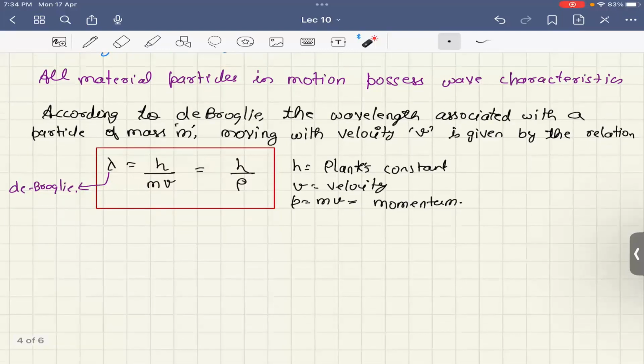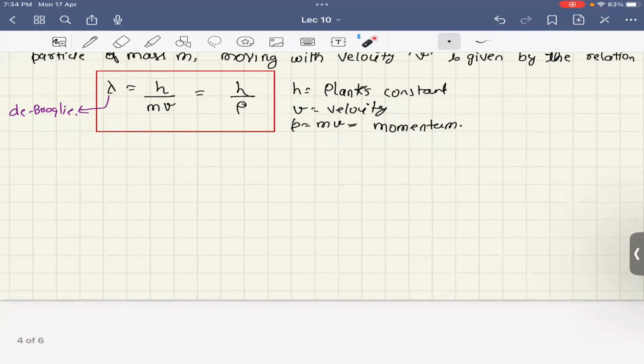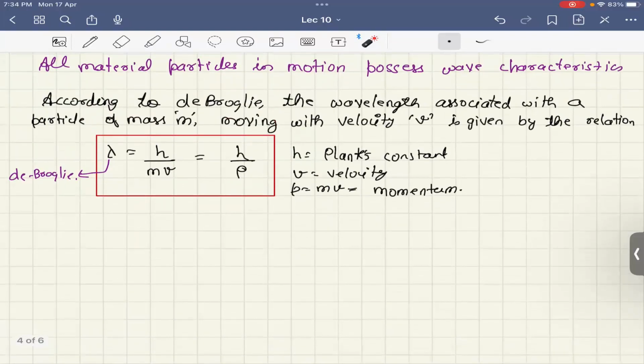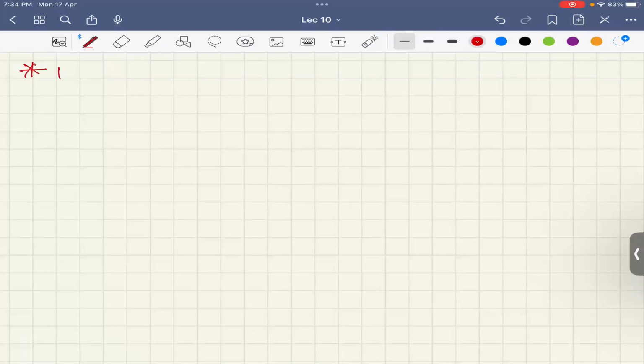So now let us derive the de Broglie wavelength formula, right? So this expression, let us derive. Derivation of de Broglie relationship.